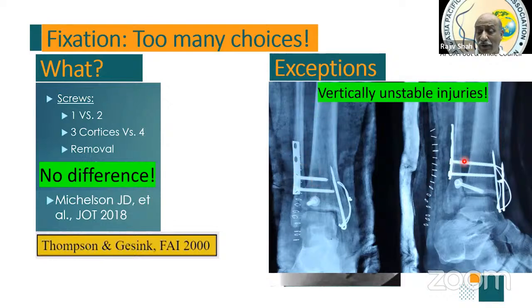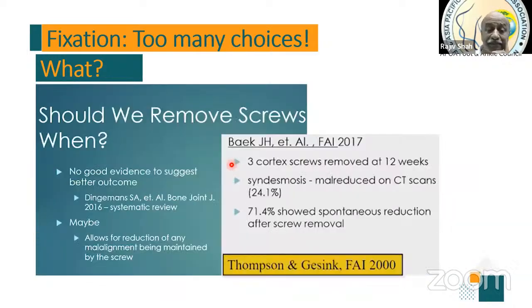So this is how I put in a plate and two syndesmotic screws. Otherwise, three cortices, four cortices, one screw or two screws doesn't matter, except in such a situation where there is a grave injury or late presentation, you want to put in two screws.